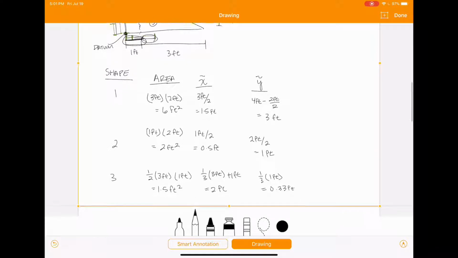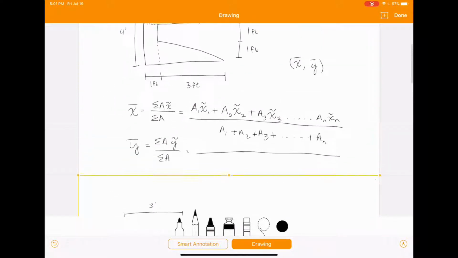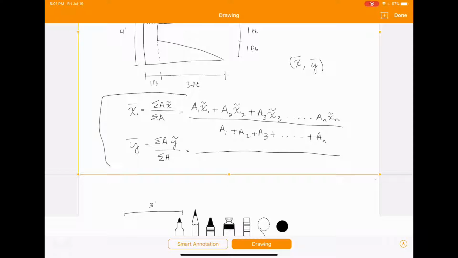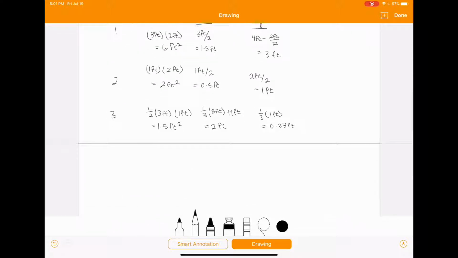All right, so now we've got all of our shapes, we know all their areas, we know all their x tildes, we know all their y tildes. So now we just need to plug it into these equations here, and we'll be able to figure out our x bar and our y bar.